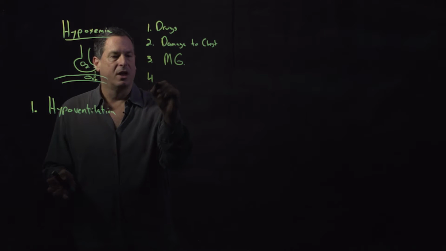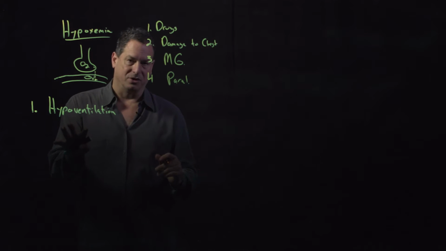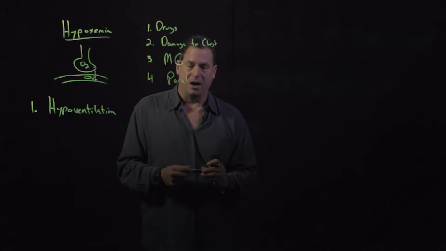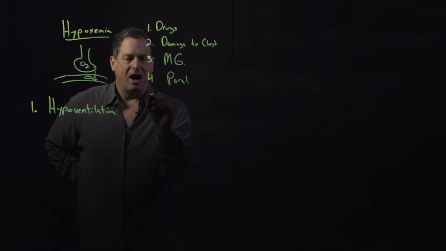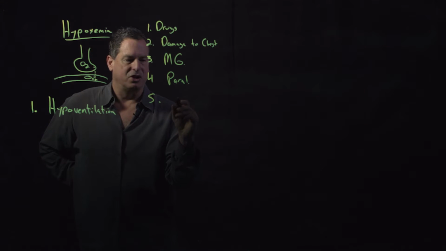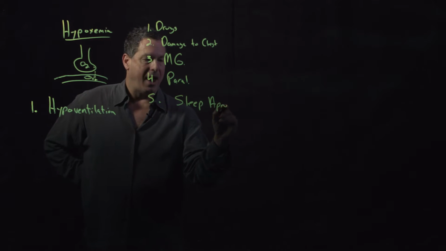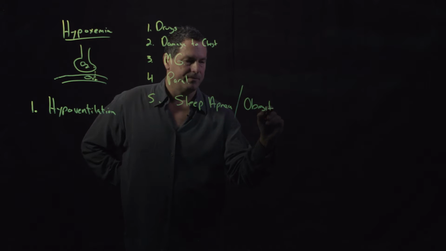Hypoventilation can occur if there's paralysis of the ventilatory muscles, spinal or upper neck injury, that sort of thing in the spinal cord. Often hypoventilation occurs in the situation of sleep apnea and is associated with obesity.